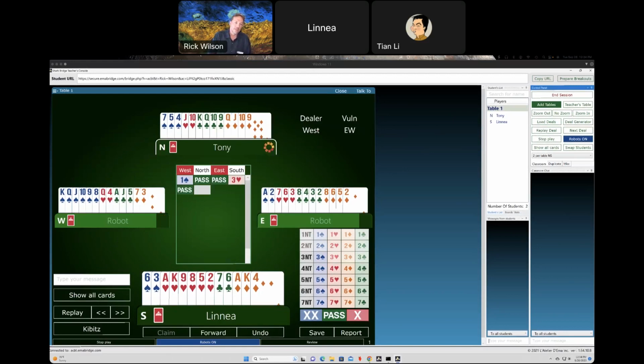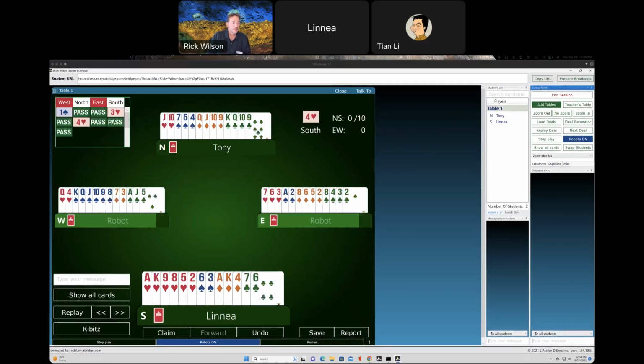So we don't pass out there. It shows a good hand with 6 hearts. But 2 hearts would be a super underbid. Doubling and then bidding hearts would have been okay too.